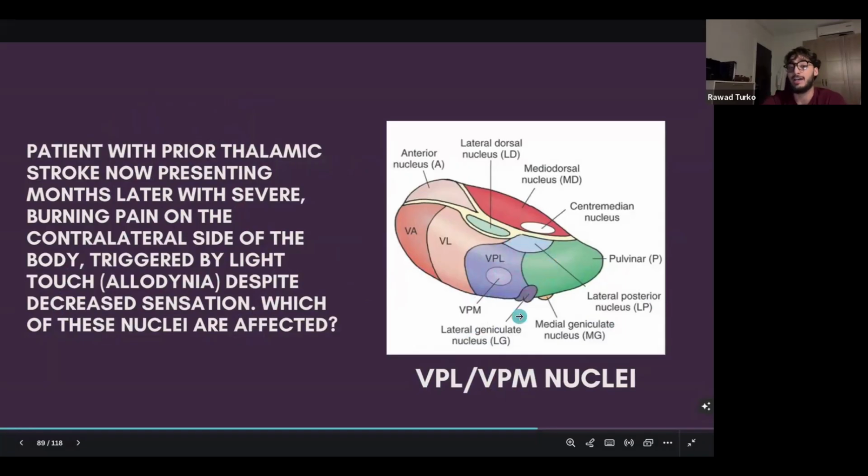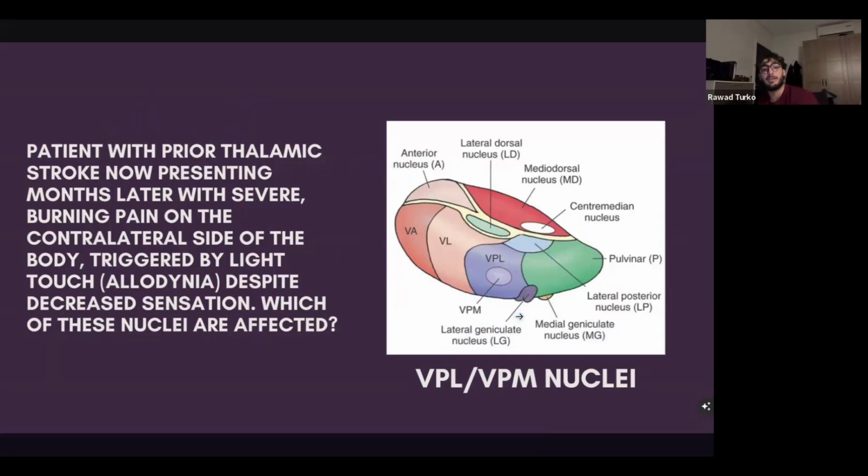Okay, and again, why is that? That's because we have the spinothalamic and the dorsal column or medial lemniscus, but specifically the spinothalamic tracts going up and the second order neurons synapsing in the VPL and the VPM. If we have a lesion at this space, we can have complete hemisensory loss on the contralateral side of the body.